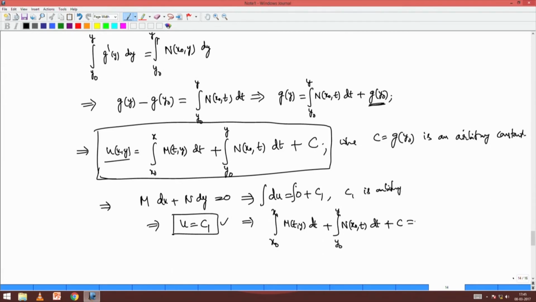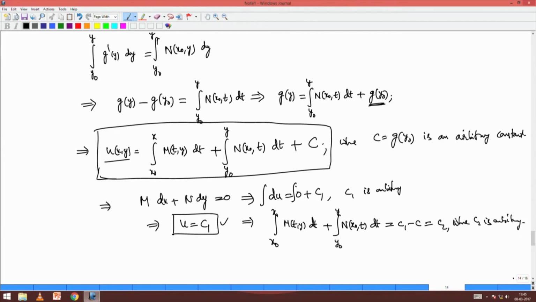So c equal to c1. I can bring this c to the other side. Both are arbitrary constants, together they are also an arbitrary constant. Finally I can write C2, which is C1 minus C, where C2 is an arbitrary constant.